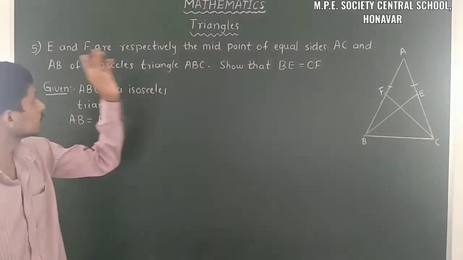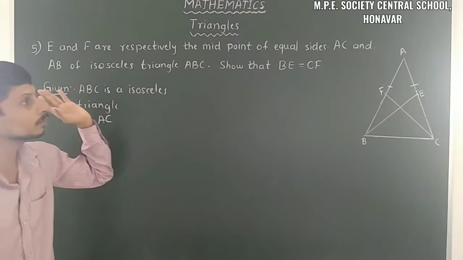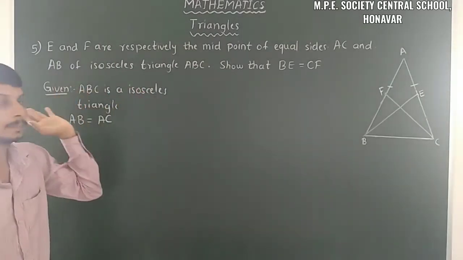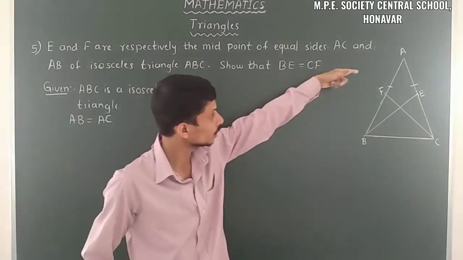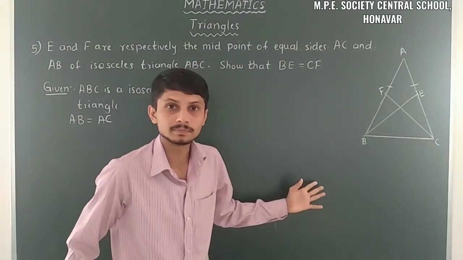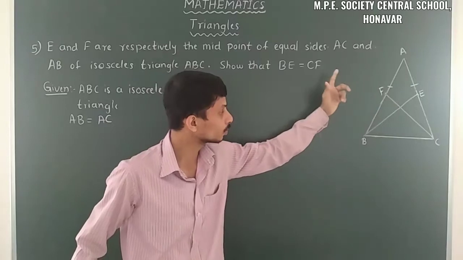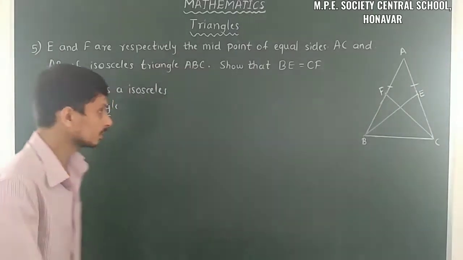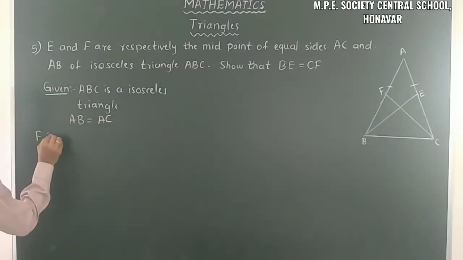Then observe E and F are respectively the midpoints of equal sides AC and AB. That means F is the midpoint of AB, so AF is equal to FB.